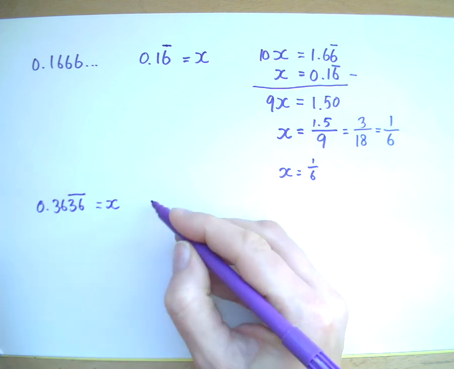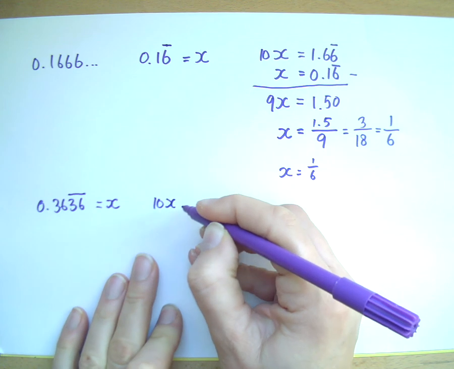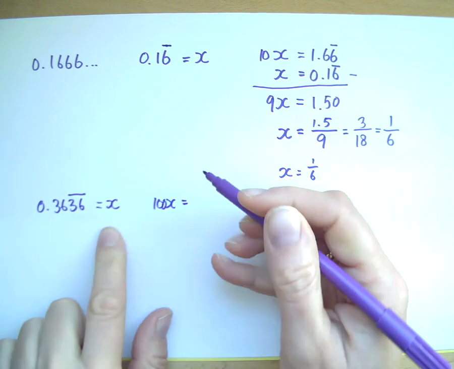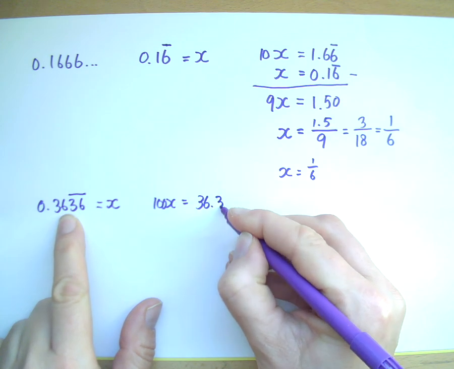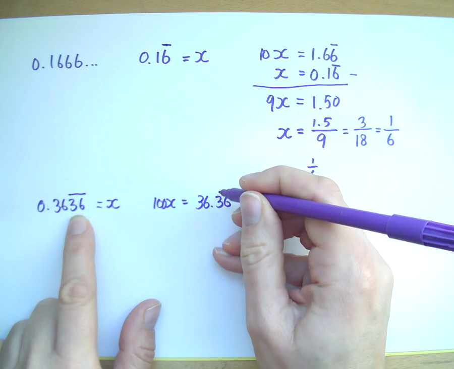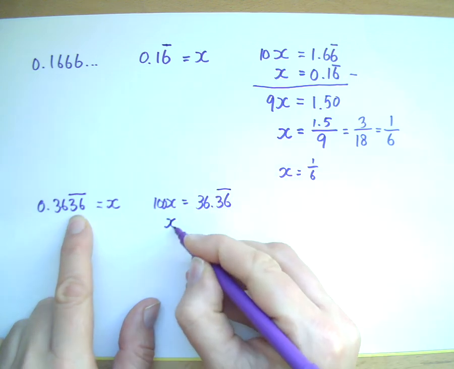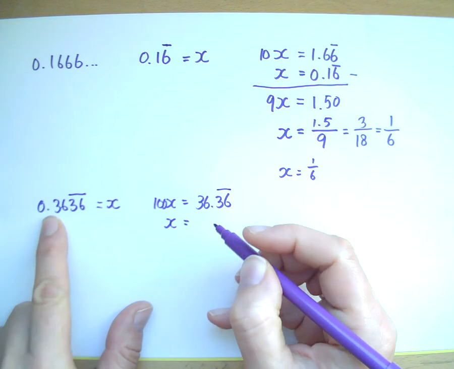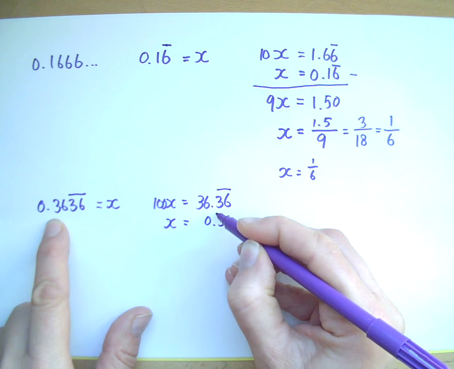So we're going to find 100x. 100 times this, 36.36 repeating. Now, 1x is actually 0.36 repeating, right?